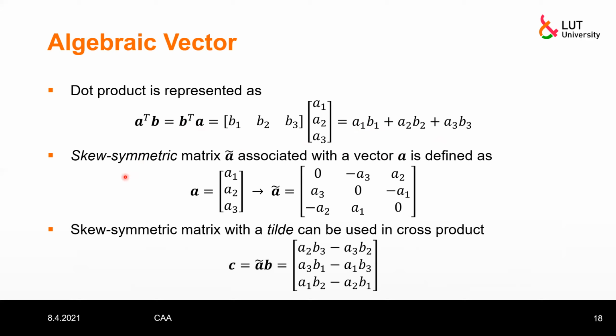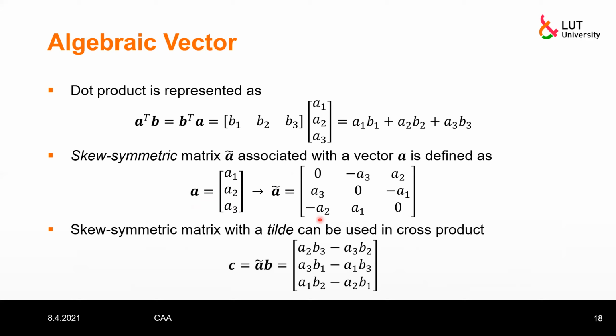Defining the cross product is a little more demanding because the result is also another vector. First we must define a skew symmetric matrix. A skew symmetric matrix means that the transposition of this matrix is equal to the negative of it. So if we have vector A with components A1, A2, and A3, we can define a skew symmetric matrix associated with it, and it's described here.